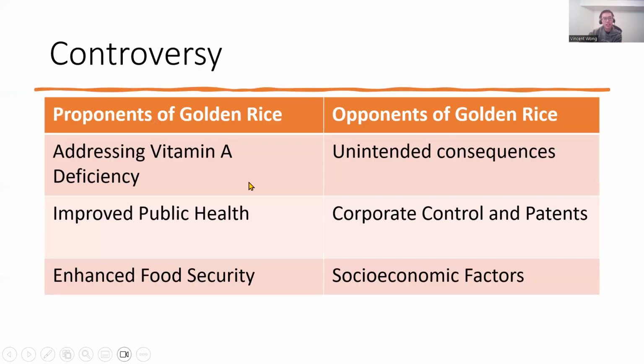So there are some controversies. People who support the idea of golden rice say it addresses vitamin A deficiency. It will improve public health. Remember, the deficiency results in reduced immunity, and it could spark endemics, right? And enhance food security. People who oppose the idea of golden rice say that there might be unintended consequences.